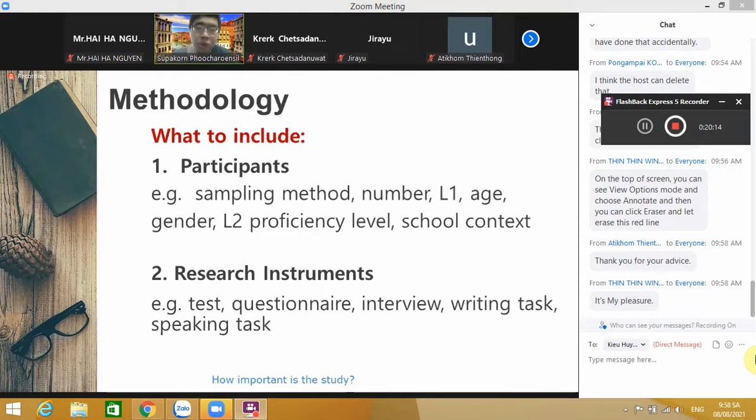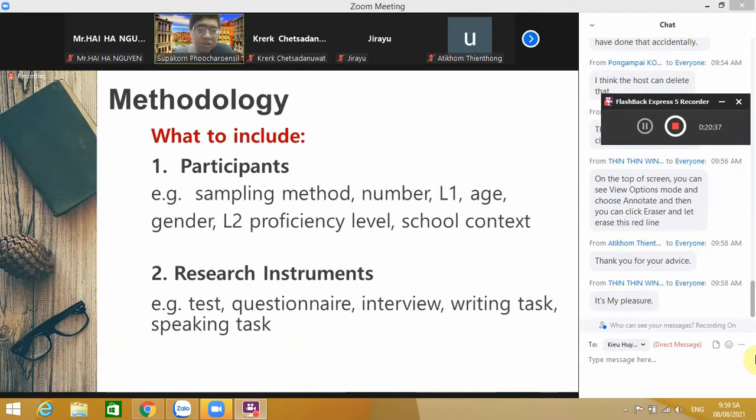You can talk about school context, L2 proficiency level. For example, if you are going to assess learners' development of something from your experiment, you have to talk about their initial L2 proficiency level before they were recruited as participants of your experimental study, something like that.